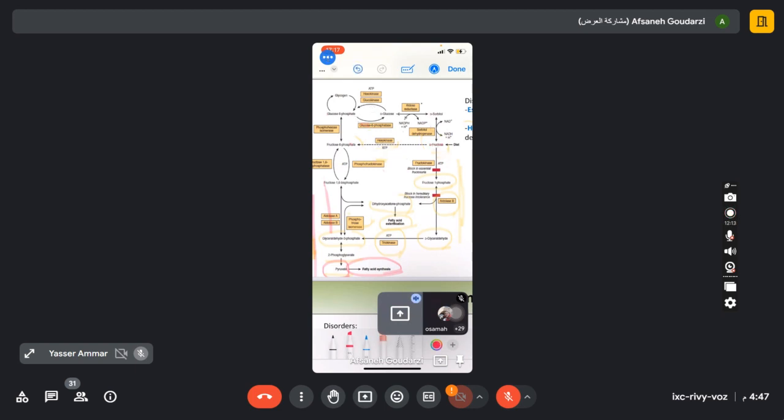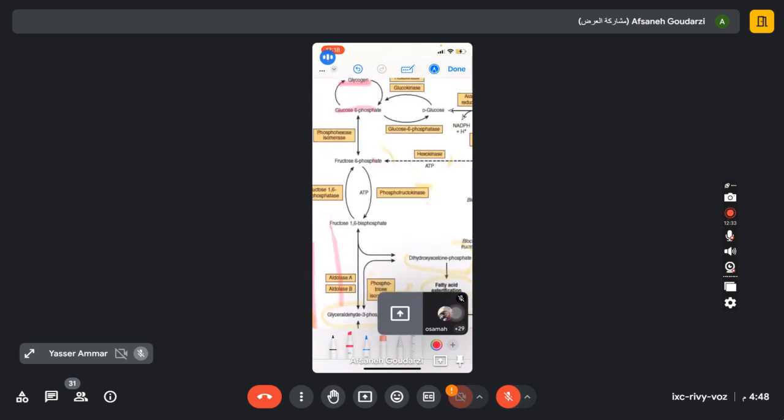Okay, so I told you that at the top we have glycogen, okay? Glycogen, upon degradation, produces for us glucose 6-phosphate, okay? Then this glucose 6-phosphate either could be changed to fructose 6-phosphate. You remember this was the reaction in glycolysis by the enzyme phosphohexose isomerase.